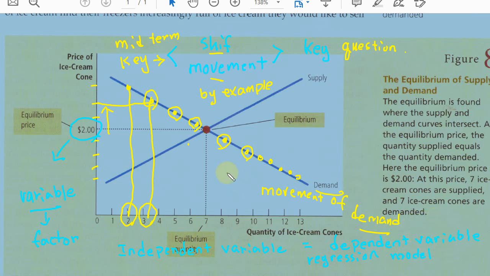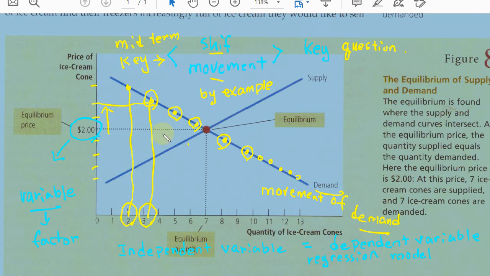Anyway, the thing I want to emphasize in this graph is that when the point is moving along the line, we call it movement of demand. This is quite distinct from shifting demand.